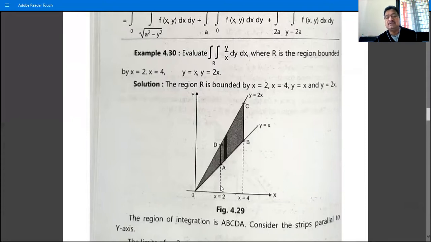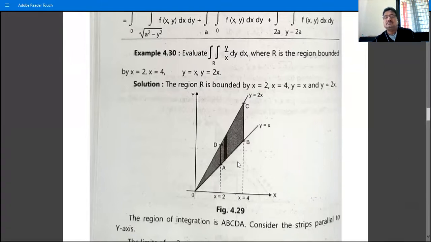Y is equal to x is the line passing through the origin, which divides the first quadrant into two equal parts, making an angle 45 degrees with the x-axis as well as the y-axis. And y is equal to 2x is again a line passing through the origin, but it is above the line y is equal to x because its slope is 2 and the slope of the line y is equal to x is 1.